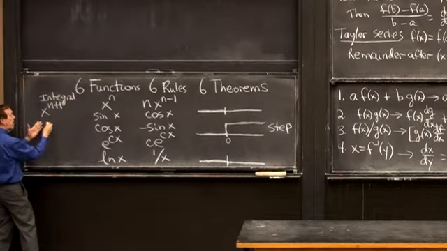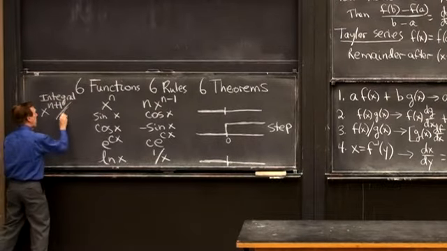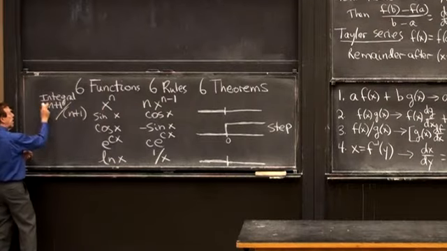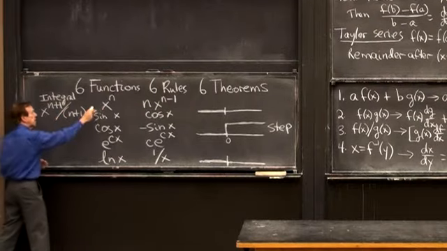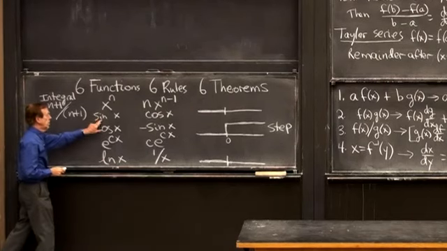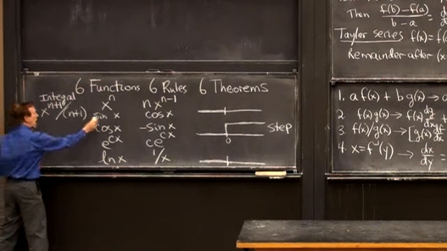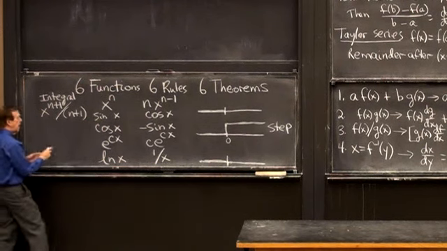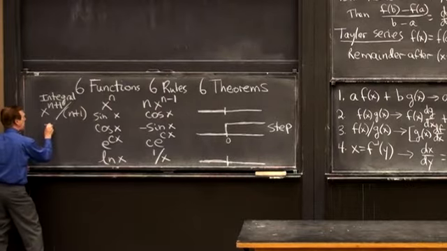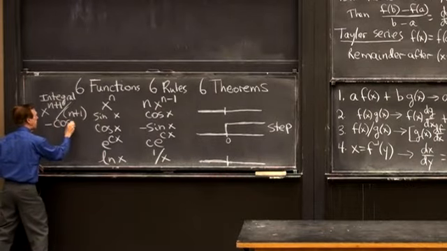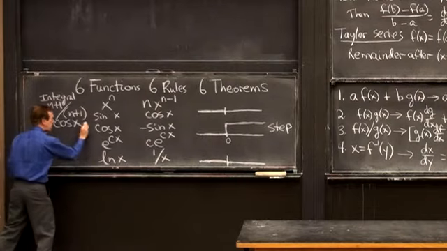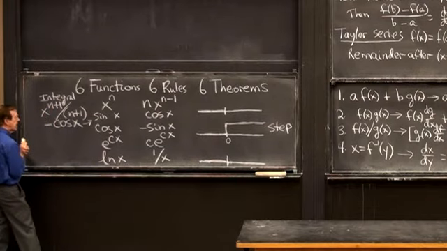And then we need to divide by n plus 1, so that when we take the derivative, the n plus 1 comes down, cancels this, and gives us x to the nth. The function that came before sine x was cos x in that direction. In this direction, we need minus cos x, because the derivative of minus cos x is plus sine x.